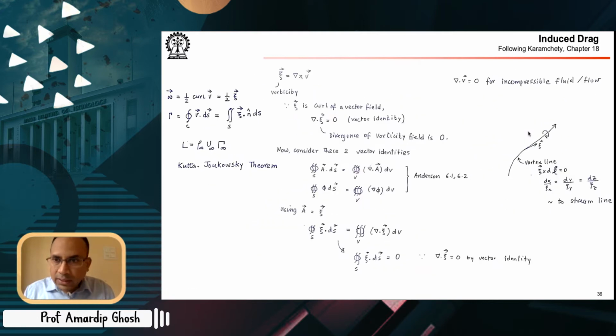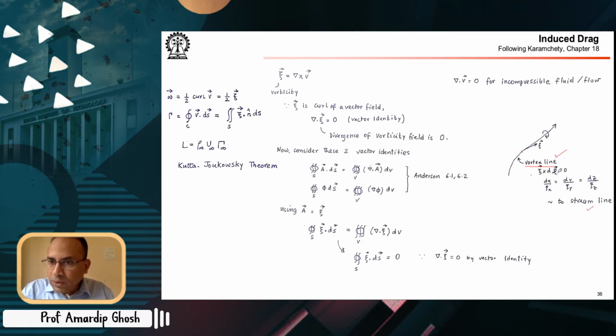So if you see, this is a vortex line, and the tangent. A vortex line, just like a streamline, is a line such that if you draw a tangent at any point, it gives you the direction of the vorticity vector at that point. So that's the vortex line, and it is similar to the streamline.